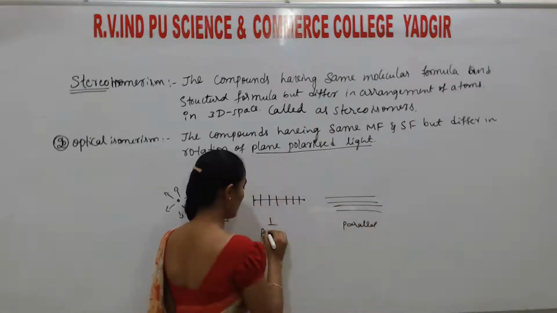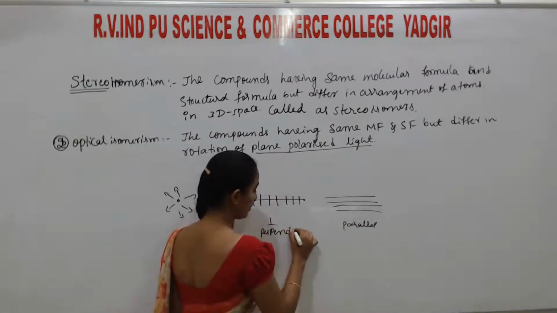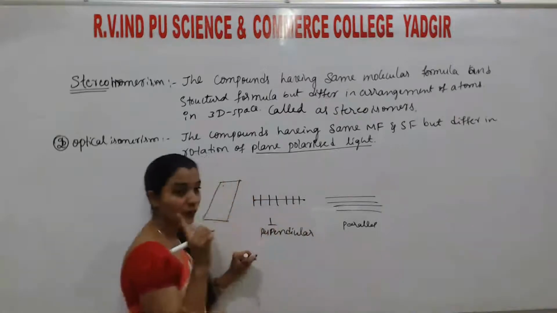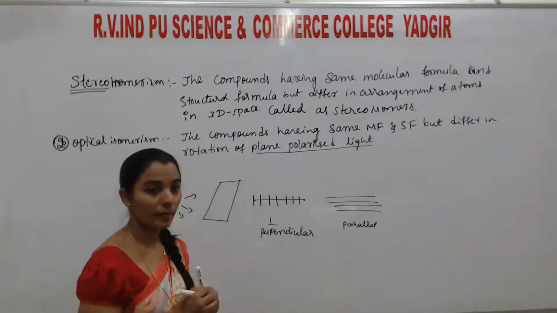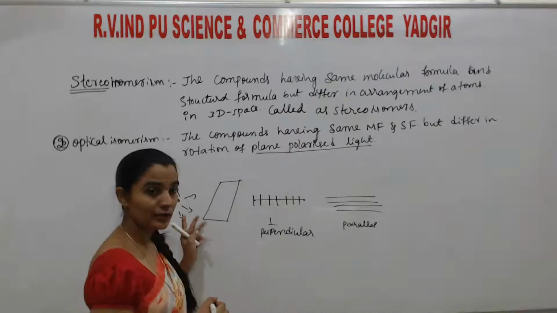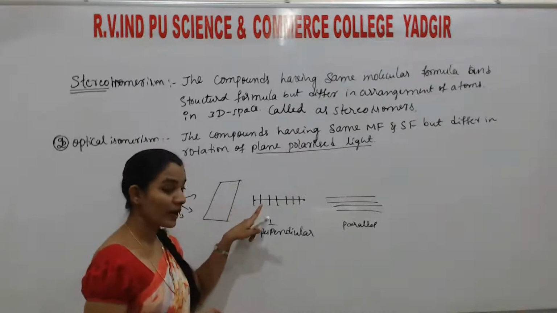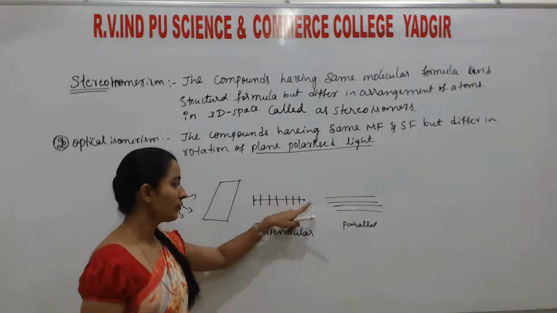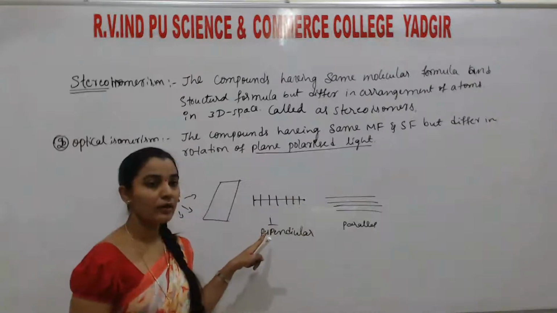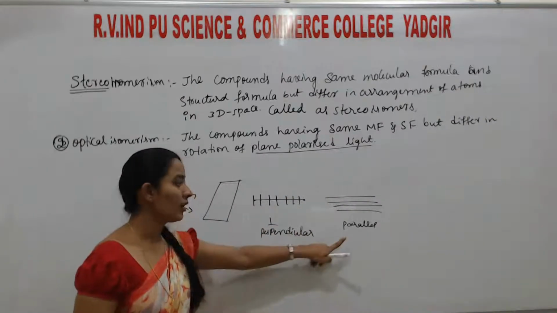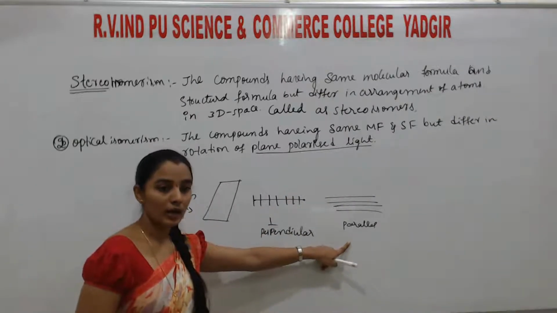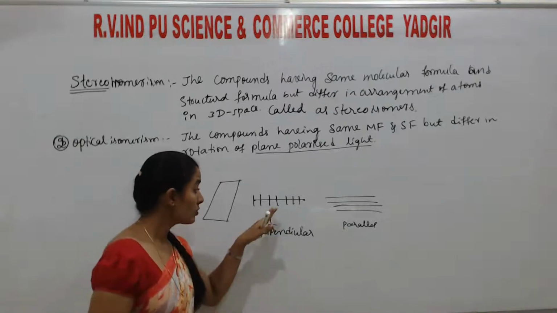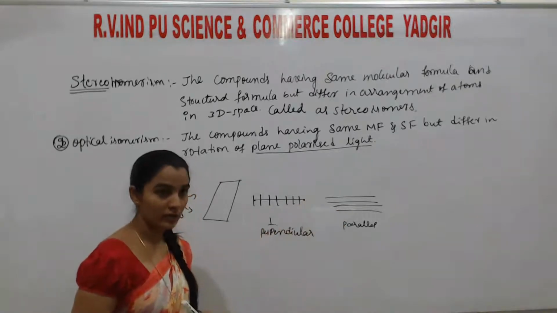This is perpendicular. Only one type of plane polarized light will form. This is a divergent light, it is in all directions. But when it is passed through this quartz glass, it forms planar light, either perpendicular or parallel. Understand?